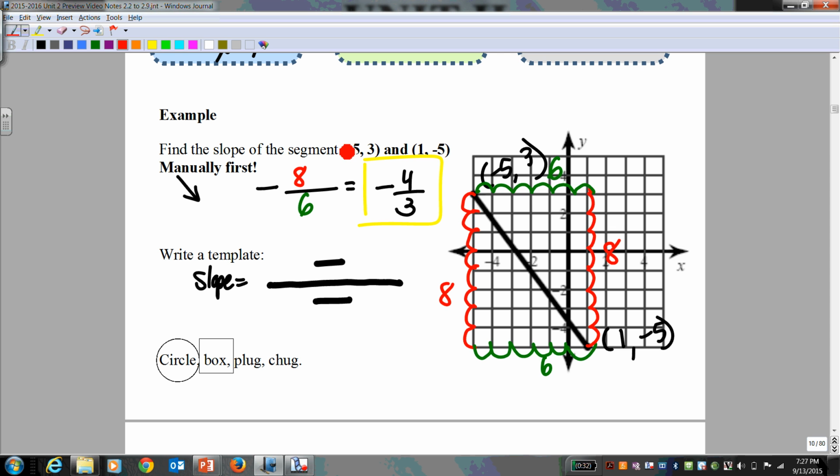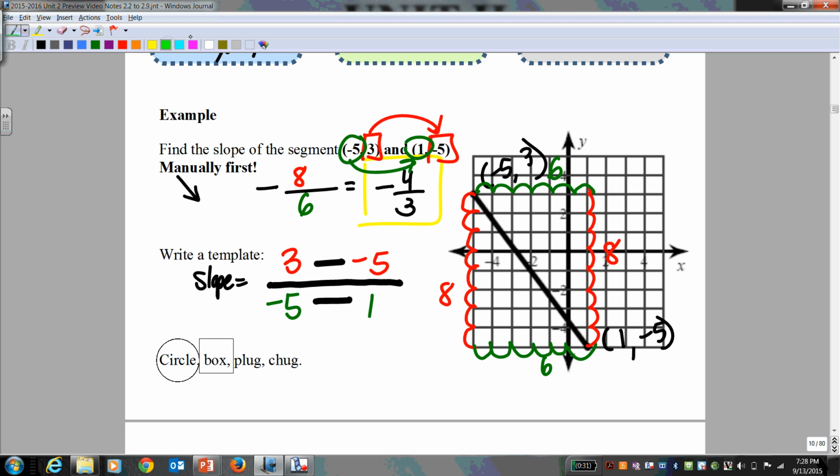We're going to start with our y's because y's go on top. So I'm going to box my y's, and I draw an arrow left to right. I'm going to be consistent in the way I go. Circle your x's. Again, I draw an arrow to keep my direction consistent. Could you have gone right to left?